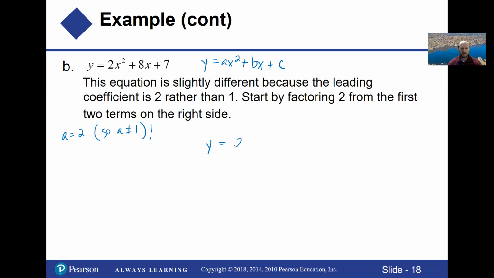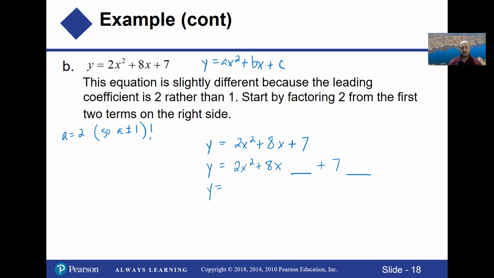So I take my standard form of this quadratic. How do I know it's a quadratic? Because there's an x squared term. I'm going to separate this out. I have 2x squared plus 8x, then I have my something and then plus something. But here I need to factor first.